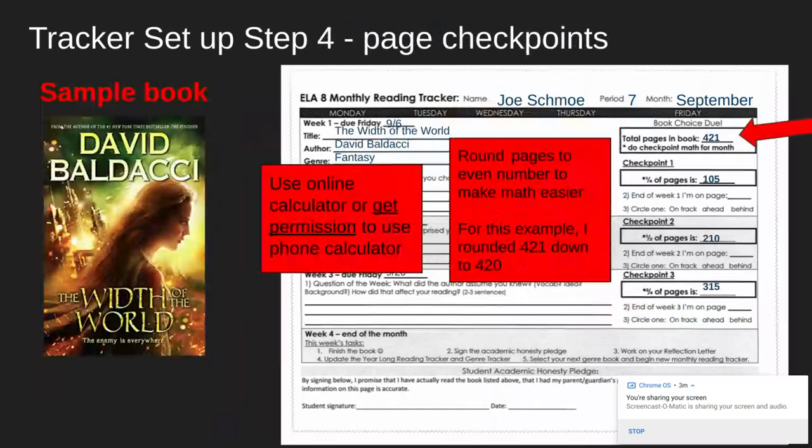That is going to make very ugly mathematics with lots of decimals as I begin my division. So I am just rounding to page 420. Please take a moment and find the total pages in your book for your story and write it in the upper right side where it says total pages. Pause the video if needed.